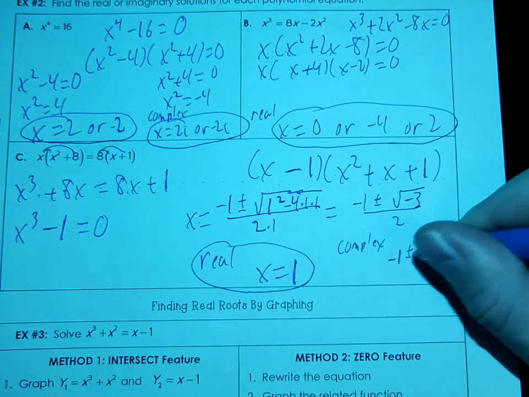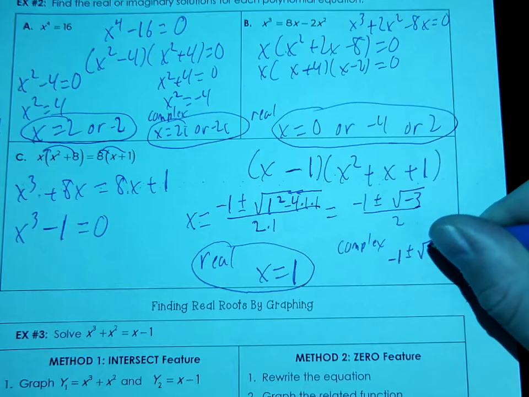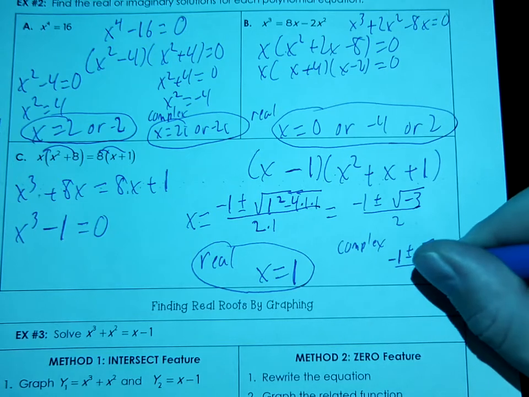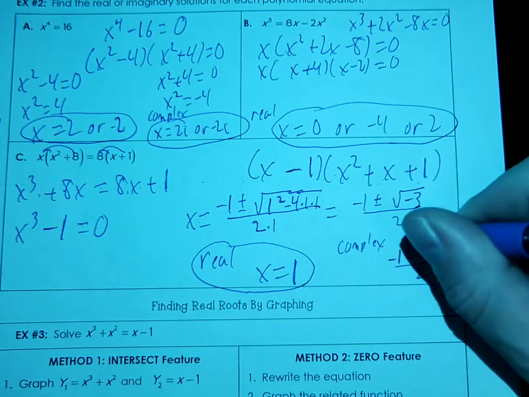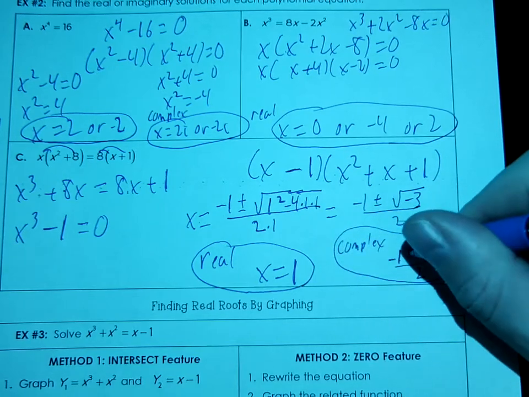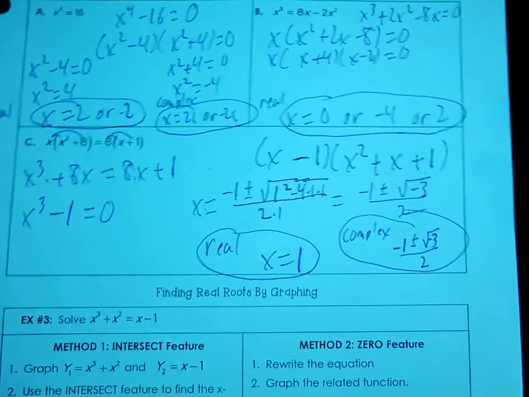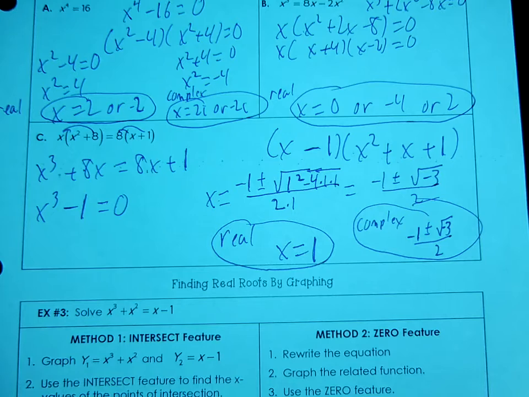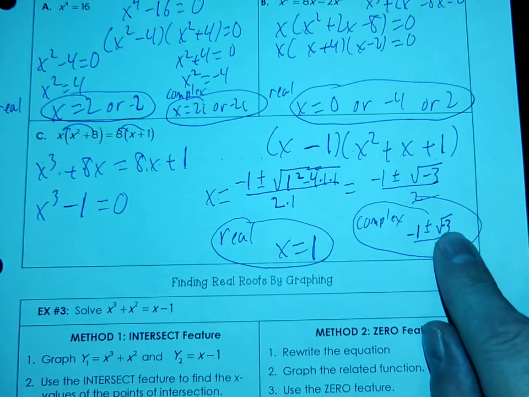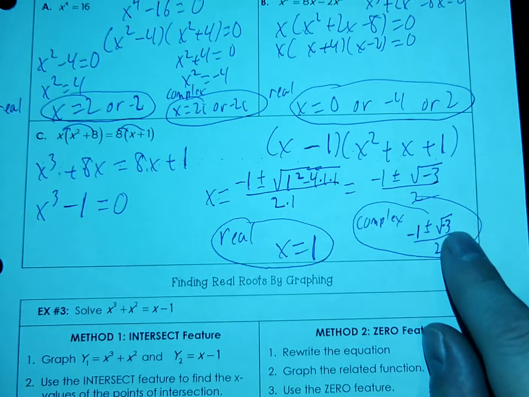There should never be a single complex zero. There should only ever be pairs of them, because it's a plus and minus item going on. They always come together like that. So negative 1 plus and minus the square root of negative 3, which I could write as i root 3 if I was to be particularly accurate. The square root of negative 3 is i root 3.